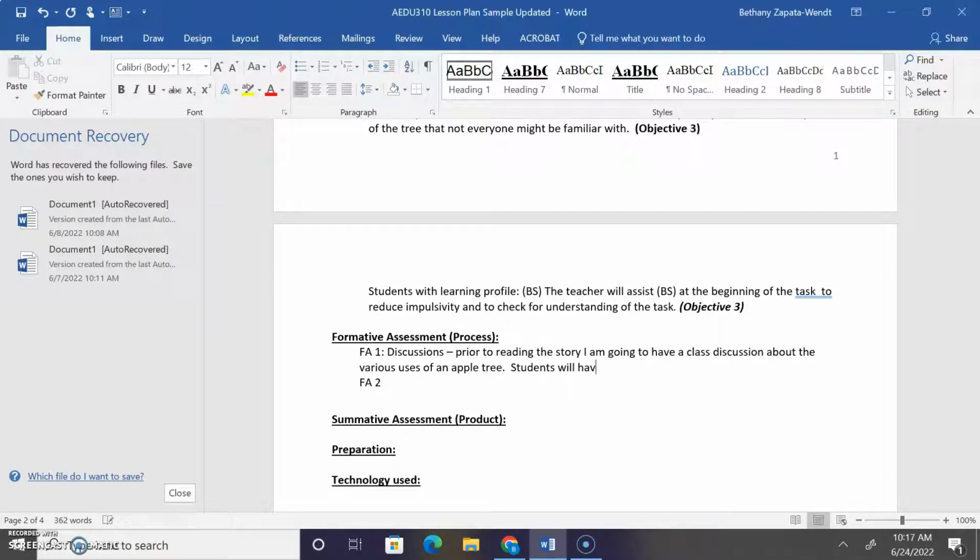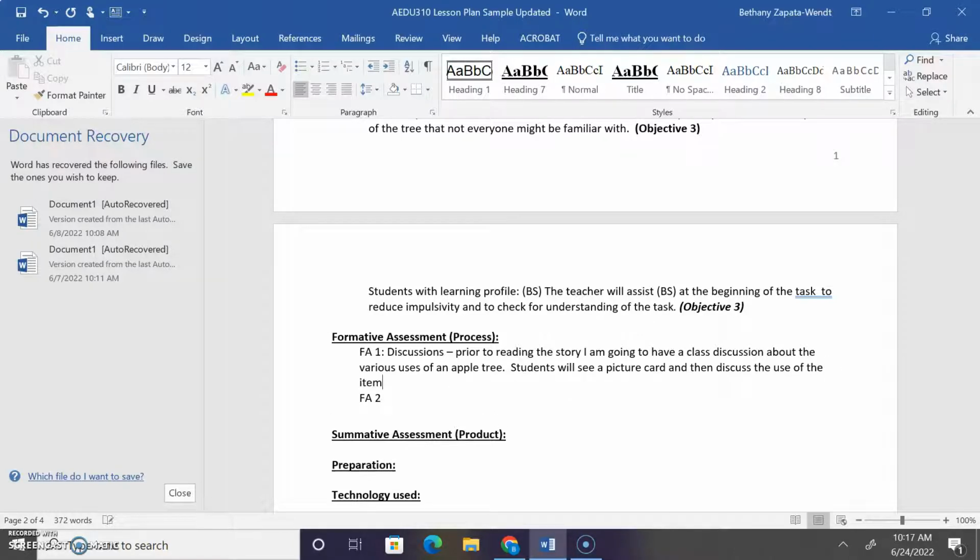Students will see a picture card and then discuss the use of the item.